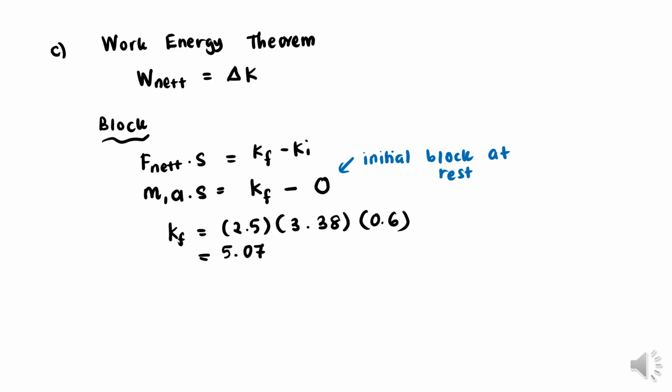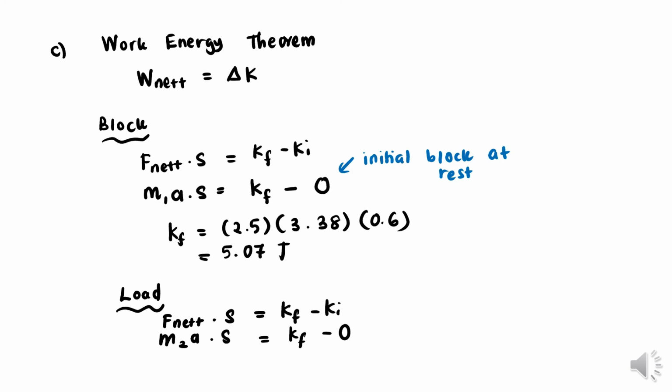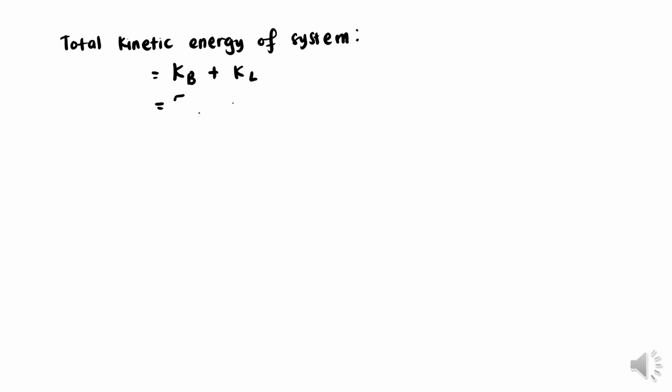The final kinetic energy is 5.07 joule for the block, and for the load the same method is used, and we get the final kinetic energy for the load to be 4.06 joule. The total kinetic energy for the system is K block plus K load: 5.07 plus 4.06 equals 9.13 joule.